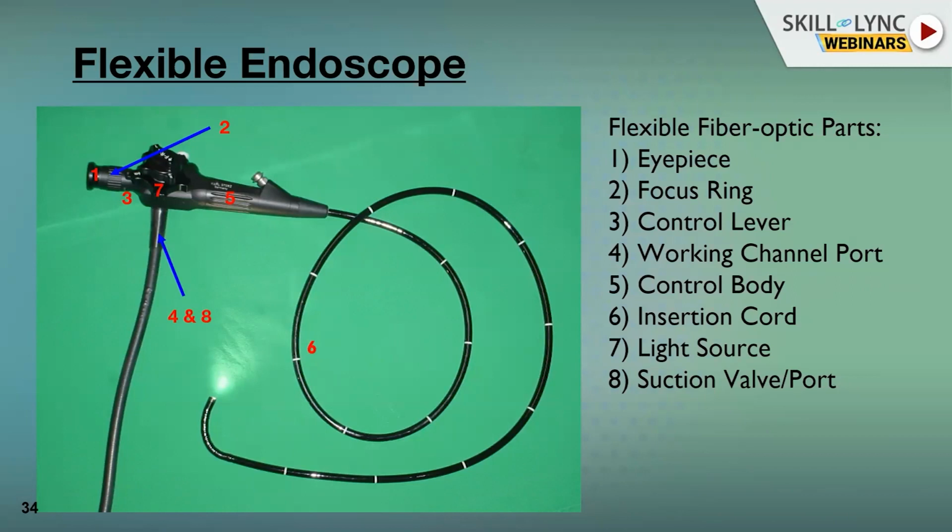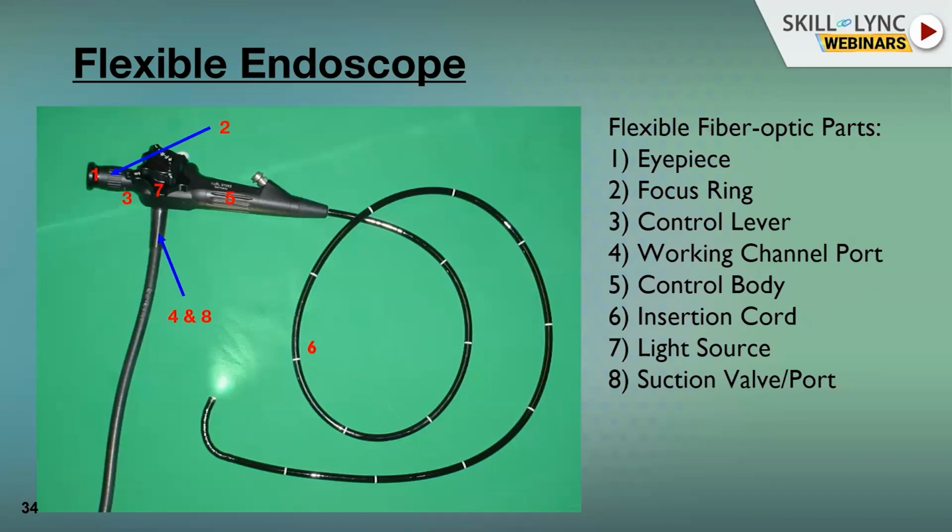Then you have something called the insertion cord. In the insertion cord, you can put some working instruments, send them inside the tube, and then get samples.